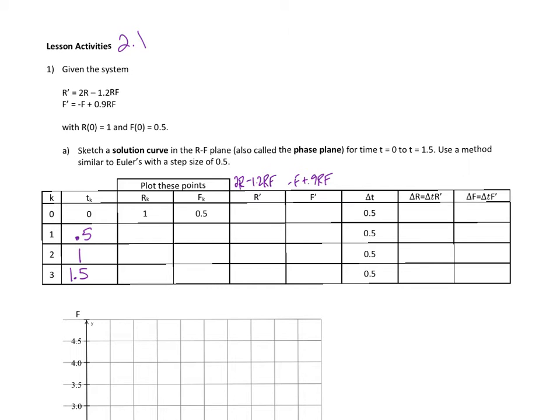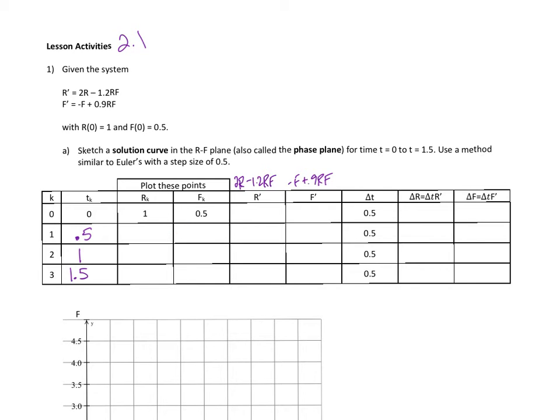So we put in our calculator, we calculate r prime and f prime based on this r and this f value. So I have 2r, so 2 times 1, minus 1.2 times r, which is 1, times f, which is 0.5.